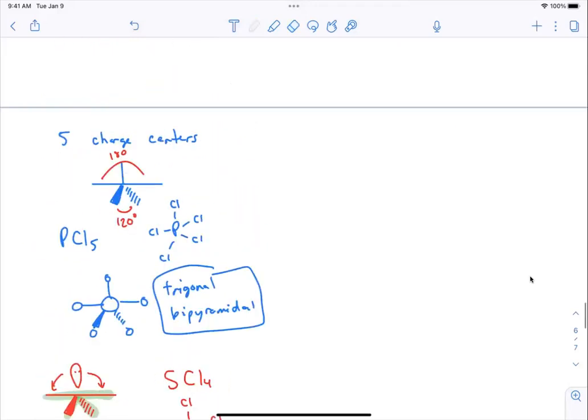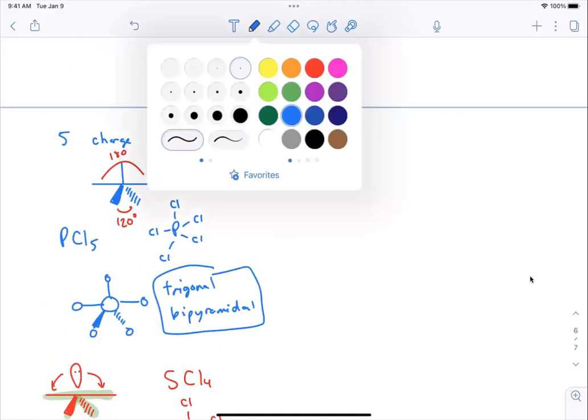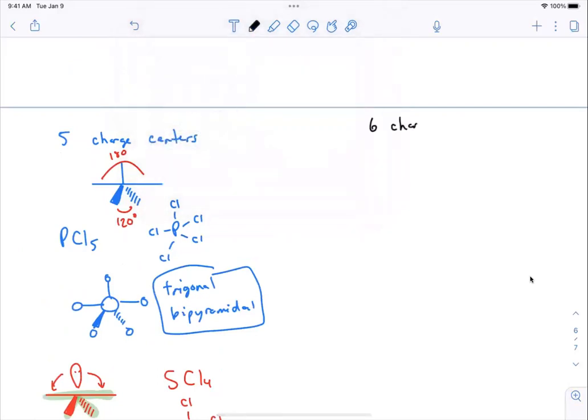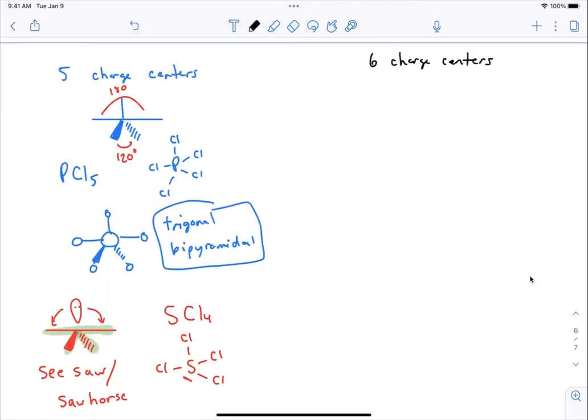Okay, 6 charge centers. This is the longest column, by the way. So let me ask you this. SF6.